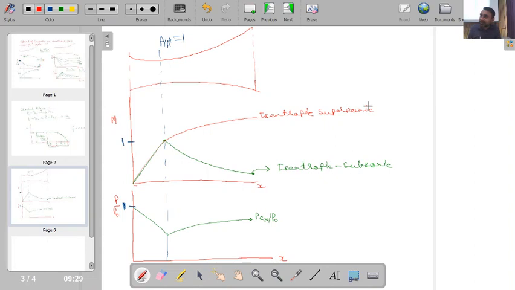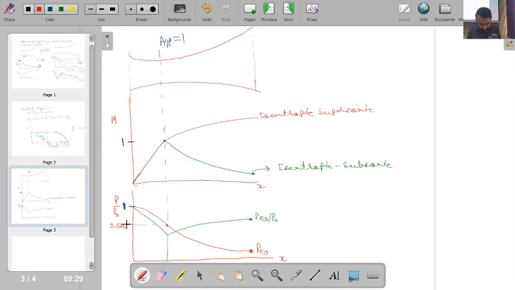What will the pressure profile be for this? This will be the pressure profile for this. Here I will have PE0, and corresponding to this point I will have 0.528.